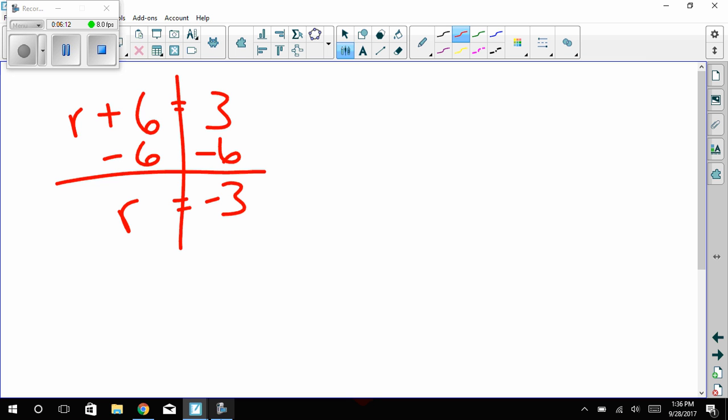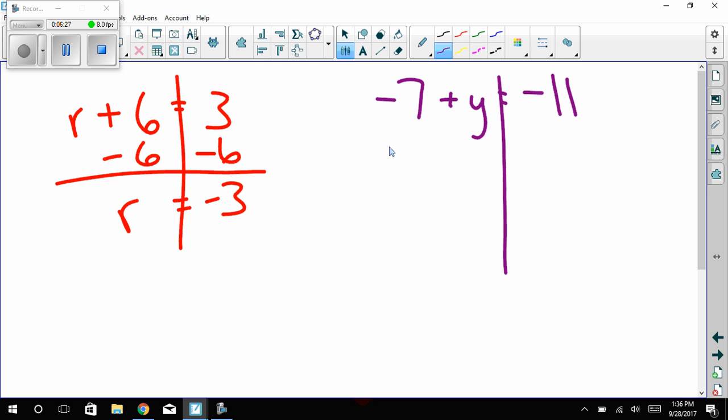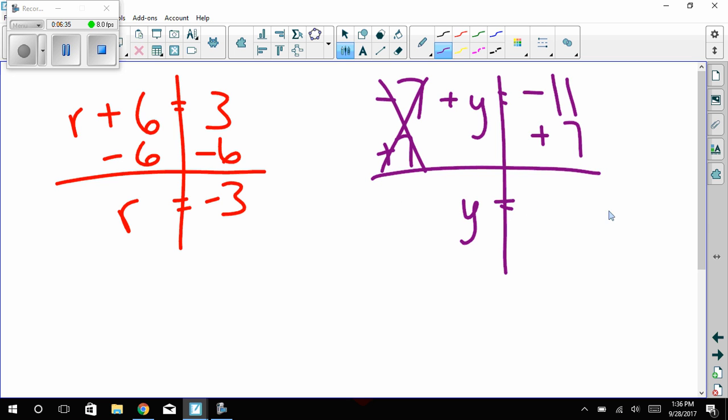The other one that we've learned is when you have a negative number, something like negative 7 plus y equals negative 11. In this case, with a negative 7, I have to use the opposite, so it's positive 7 on both sides. Those two cancel, so y equals negative 11 plus 7, which is going to be negative 4.